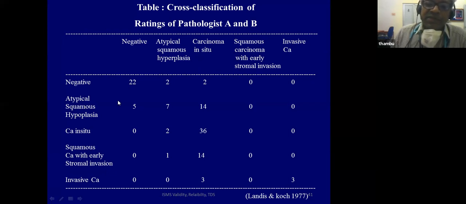This is early and this is invasive. Now two pathologists can have a look at it. Each pathologist rates all the people and gives a score, and you compare the two and make a table like this. Here you have 1, 2, 3, 4, 5 and 1, 2, 3, 4, 5. So this is how you do a cross classification for polytomous data.